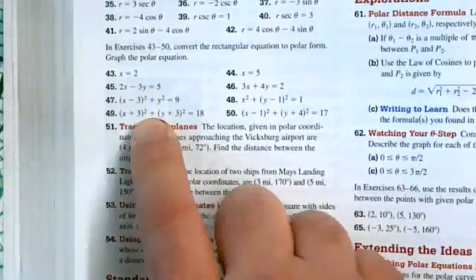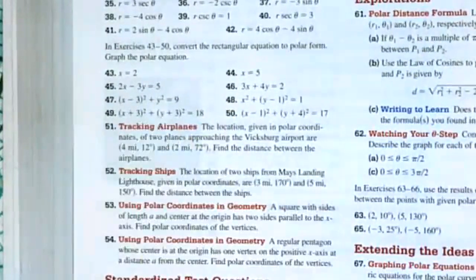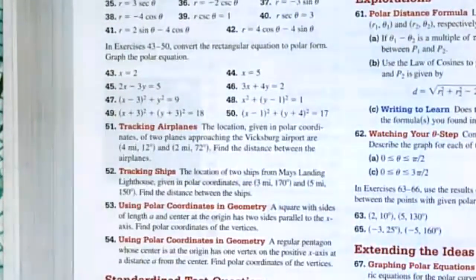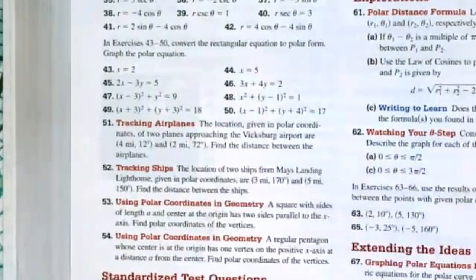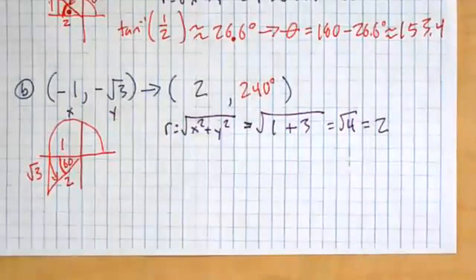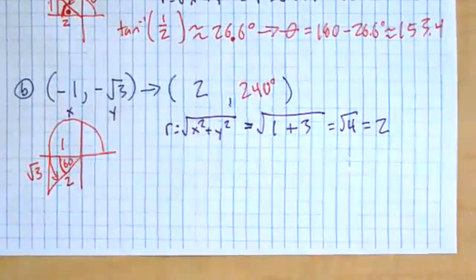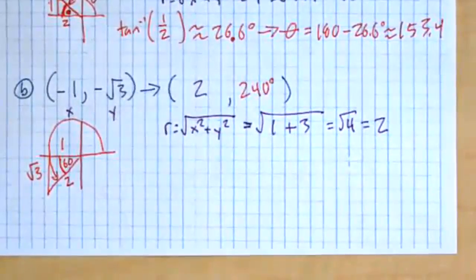Remember where I told you to go ahead and square it while it's in XY form before you convert? That's where you want to do that first. Those won't be too bad. And then 51 is a word problem. So very doable. You guys have how much time here? 20 minutes? I bet you get halfway done with that in 20 minutes if you get after it right now.